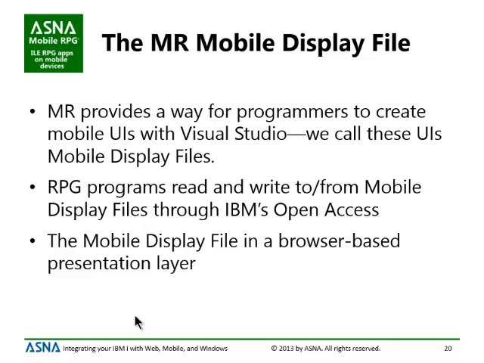We call these mobile display files, but then they're exported to the IBM i as a traditional display file against which we compile the RPG programs. Now at runtime, that display file data stream is going to be rerouted from actually going to the original traditional display file and be rerouted out to the mobile RPG display file. This happens through IBM's Open Access API.